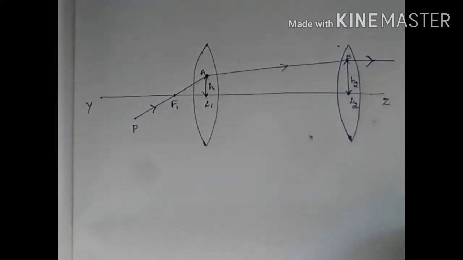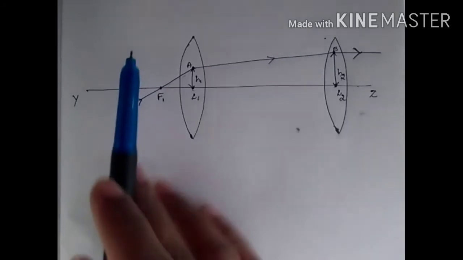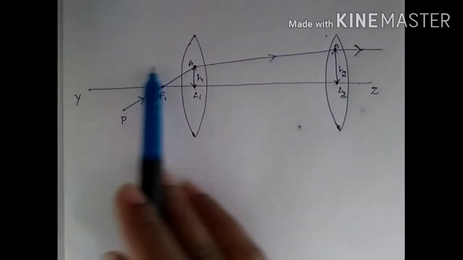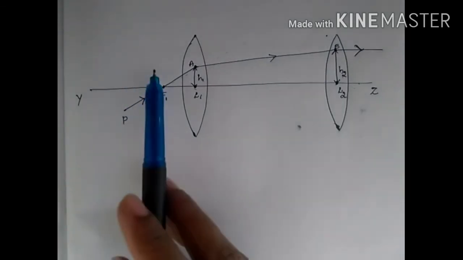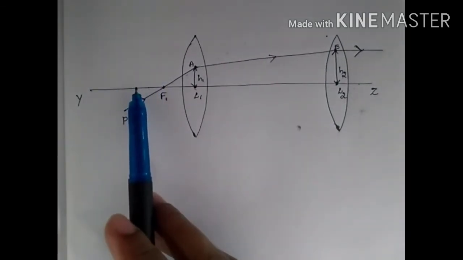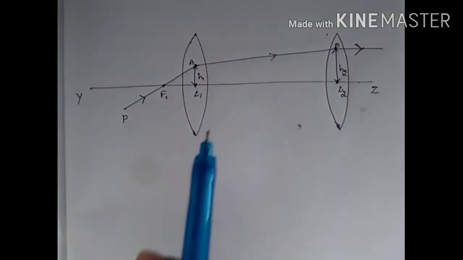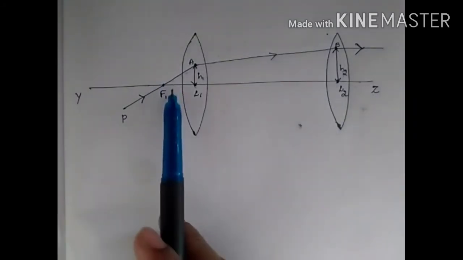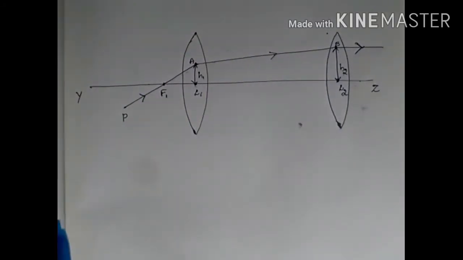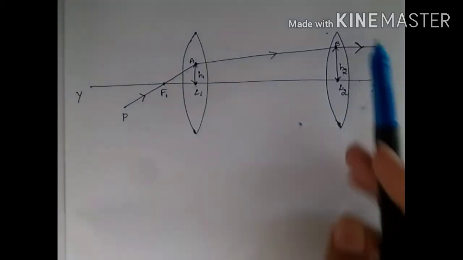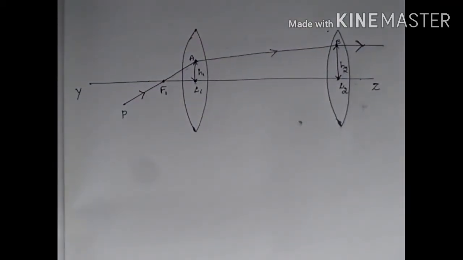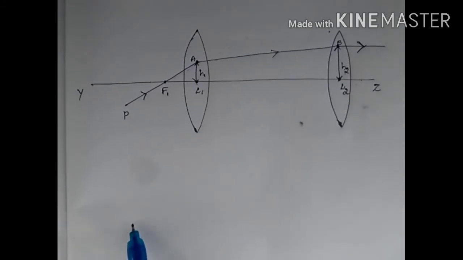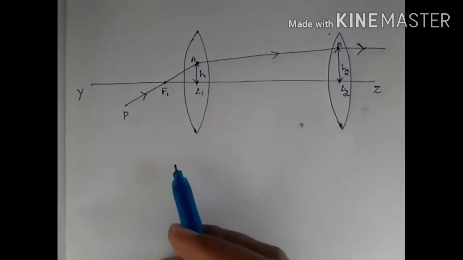Conversely, if a parallel ray is incident on the lens, then the refracted ray will pass through the focus point. Since the incident ray is coming from the focus point, it forms the parallel ray to the principal axis. So this is the first part of the diagram.